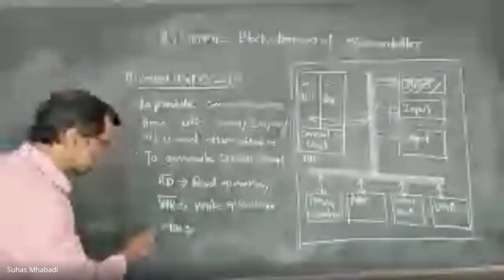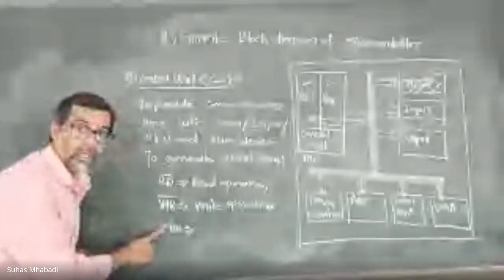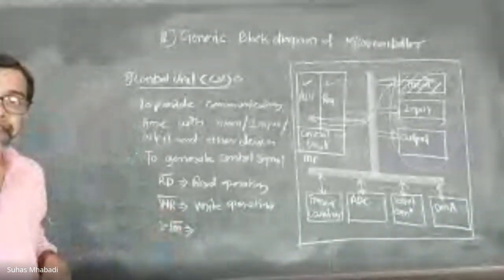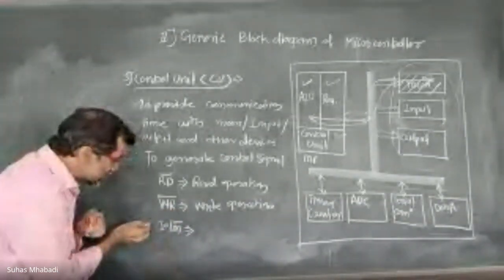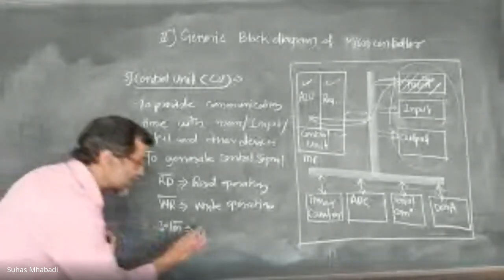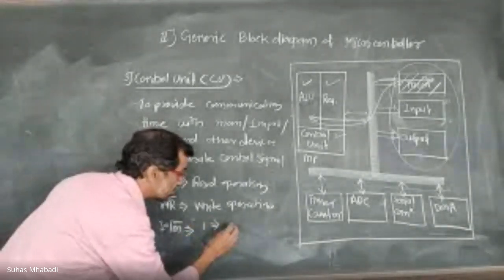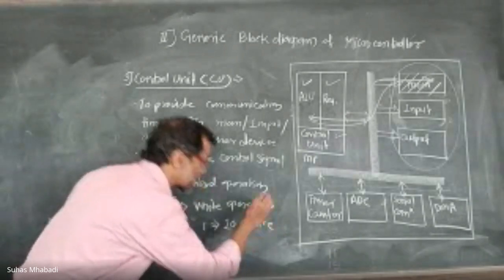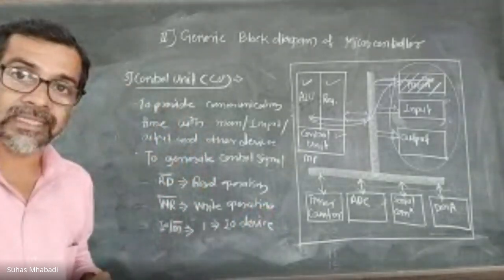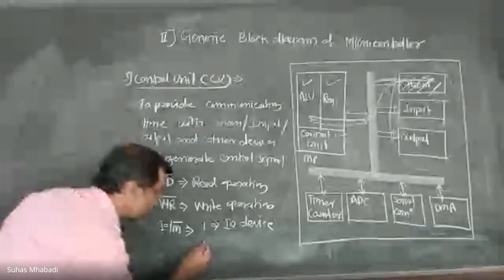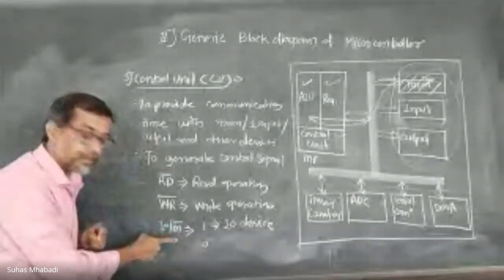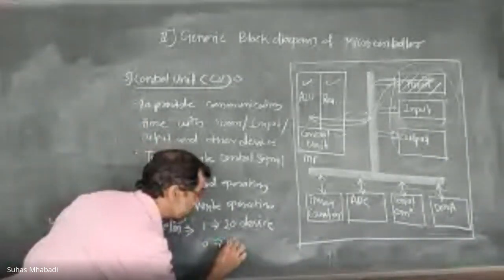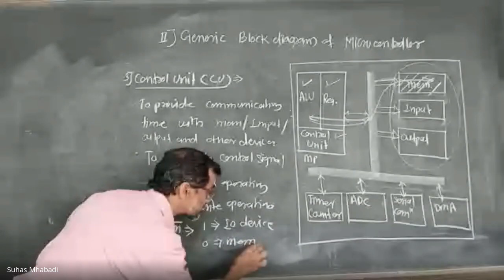So this is known as IO/M bar, and M is given by bar. So when the line is 1, we are communicating with input output devices. Or when the line goes low, 0, meaning memory bar, we are communicating with the memory.